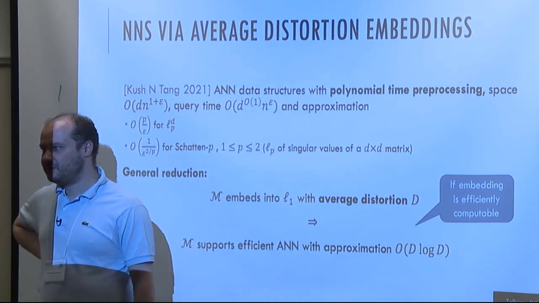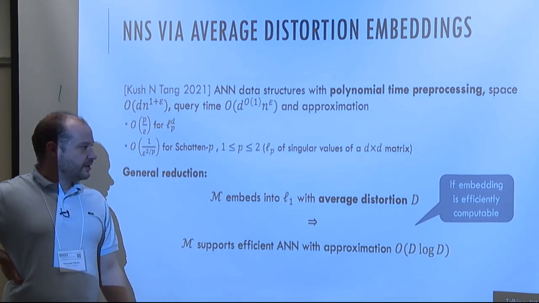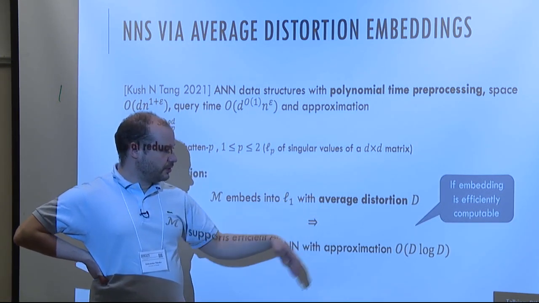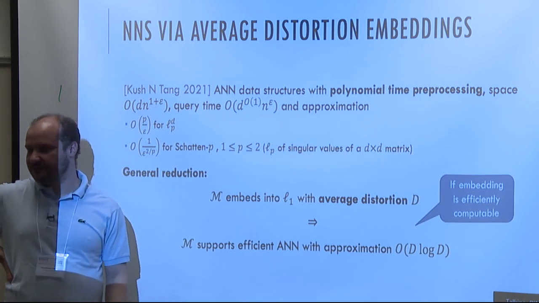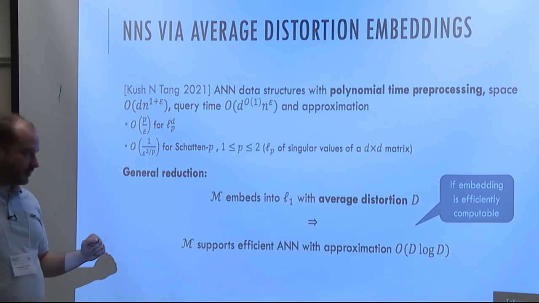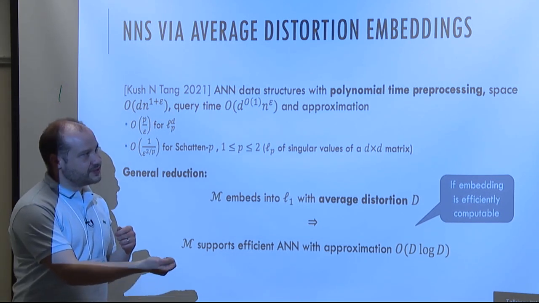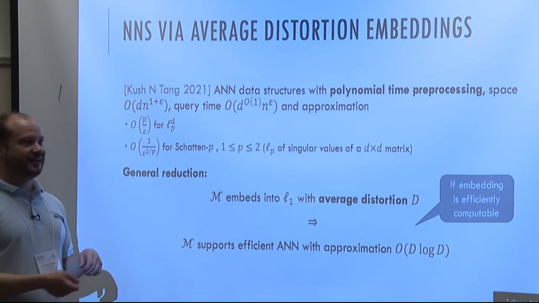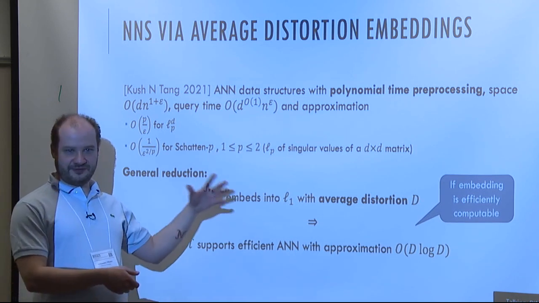In general, you get from D to D log D. And if the embedding is efficiently computable, then the data structure is also efficient. In particular, if you can efficiently choose the embedding function, that means efficient preprocessing. If you can efficiently evaluate it, that means efficient query time as well.